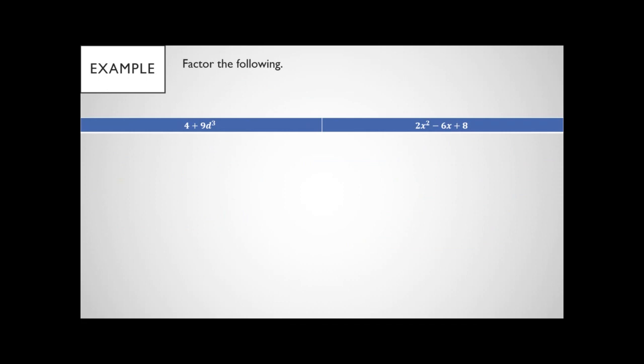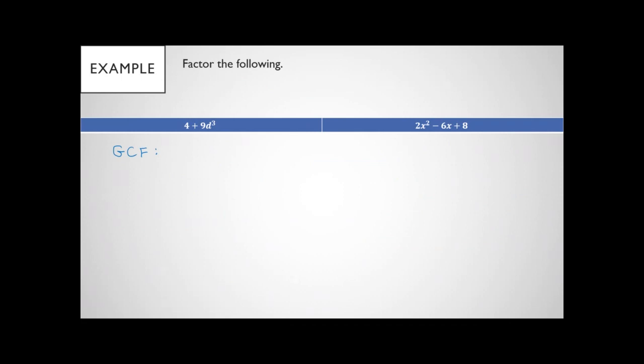So factor the following. The first one on the left, 4 plus 9d cubed. So we look at trying to find the greatest common factor. Is there a number that I can divide out of 4 and divide out of 9?